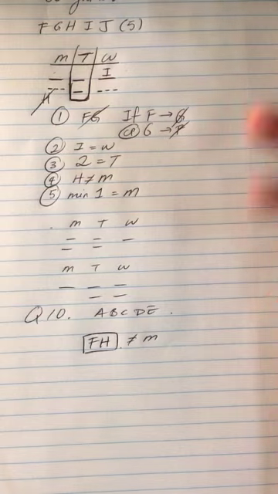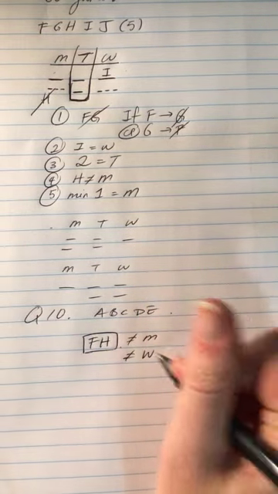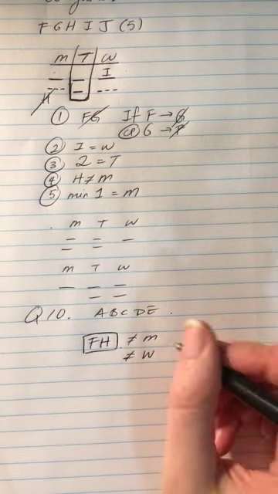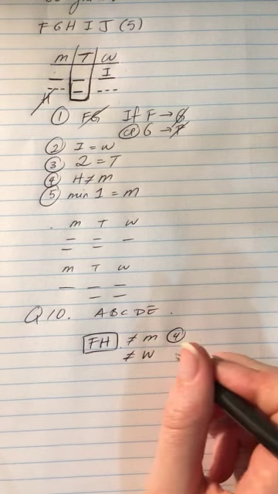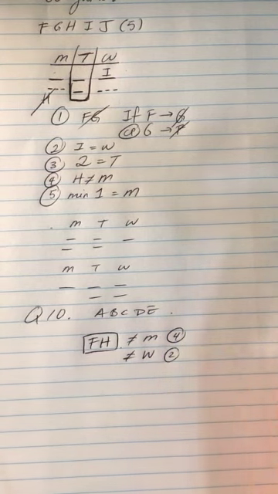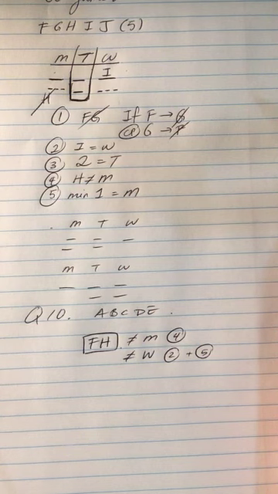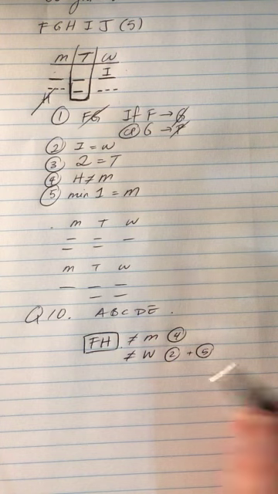So that leaves, if F and H cannot be on Monday and they cannot be on Wednesday, okay, so they can't be on Monday because of rule 4, can't be on Wednesday because of Rule 2 and I suppose Rule 5 as well. Okay. So that means that F and H have to be on Tuesday.